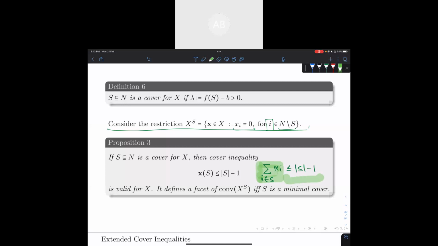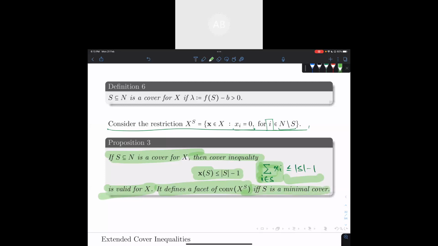So it just says that if S is a cover for X, then this cover inequality is valid. That means it preserves everything that needs to be preserved, and it cuts off something which should not be preserved, and it defines a facet. It defines one of the facet defining inequalities if and only if S is a minimal cover.